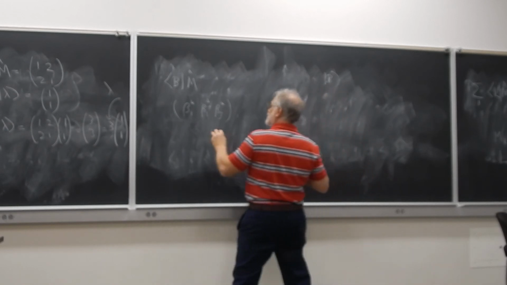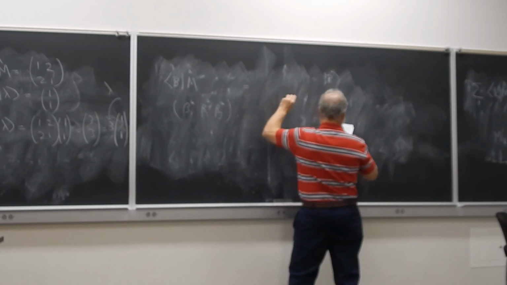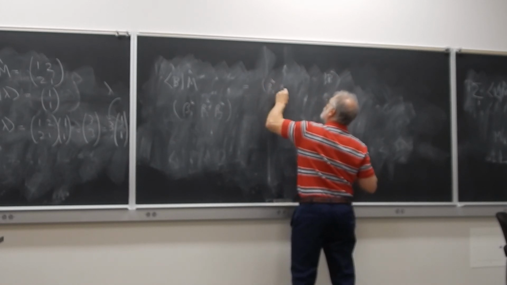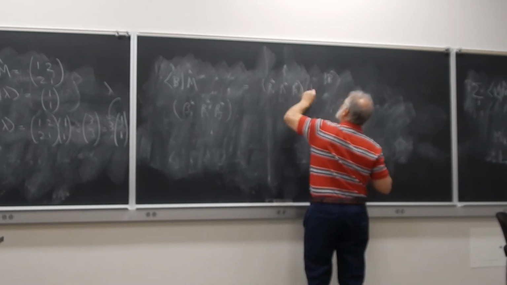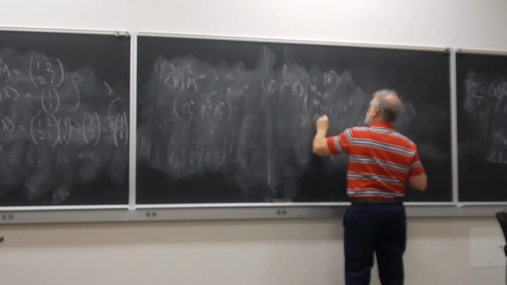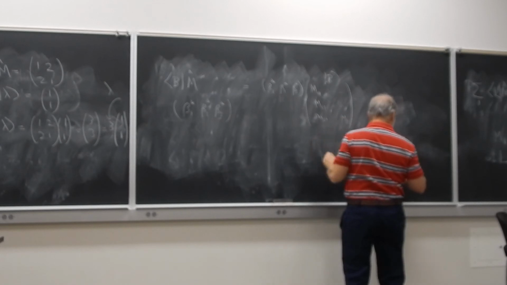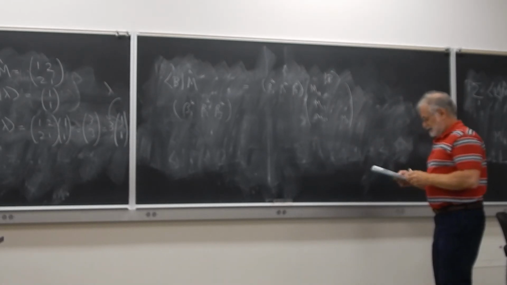And what that means then is that this is going to be equal to beta 1 star, beta 2 star, beta 3 star times M11, M21, M31, etc., M33. Multiplying the matrix on the left-hand side.